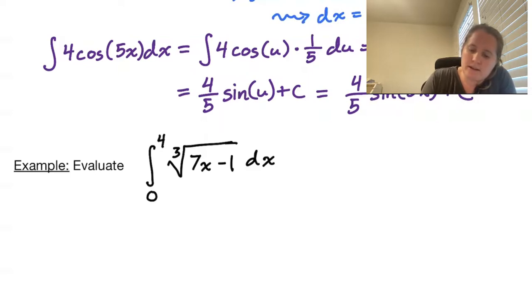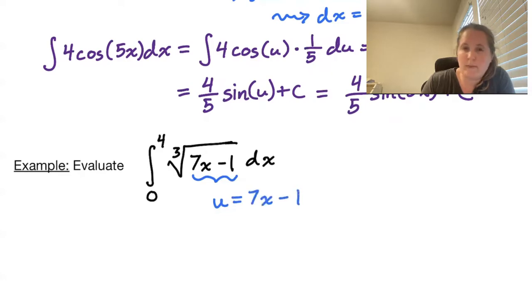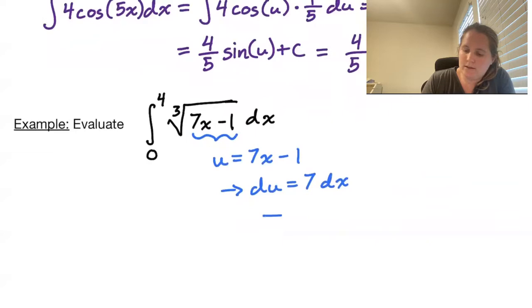So we're going to set that 7x minus 1 is our u. Then we wind up getting that du is just 7 times dx. Or in other words, dx is 1/7 du.